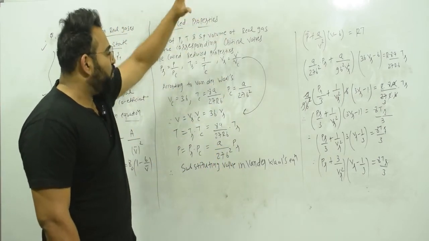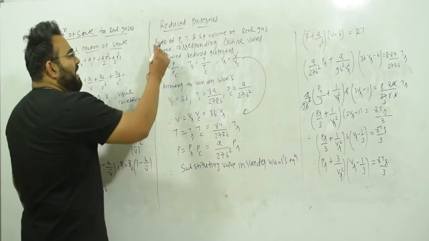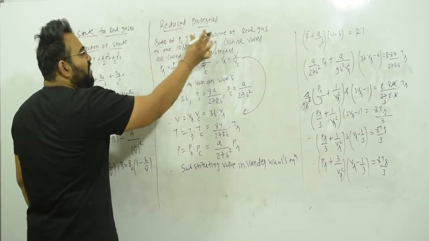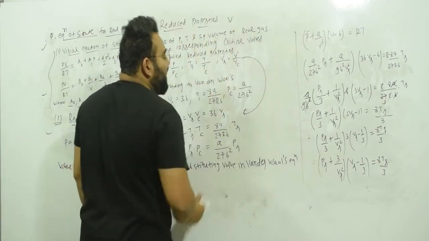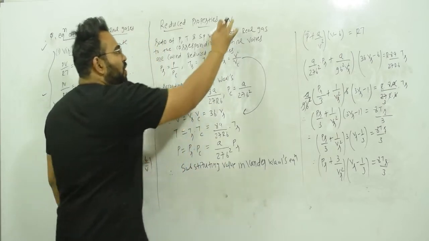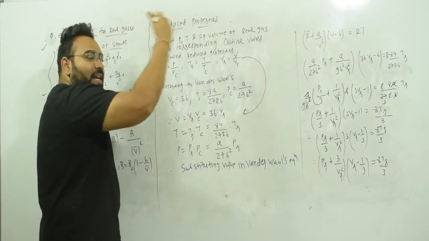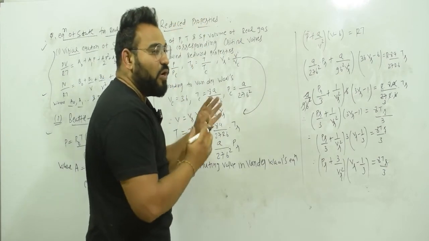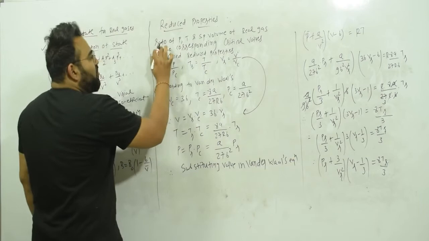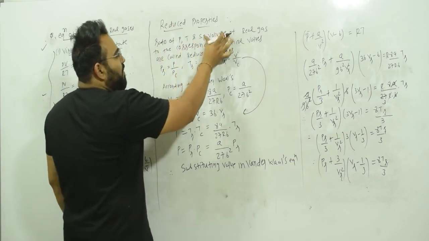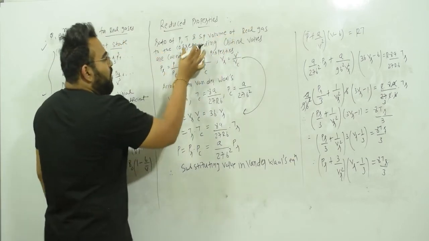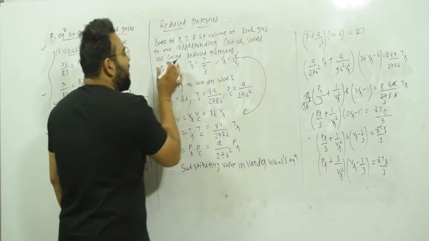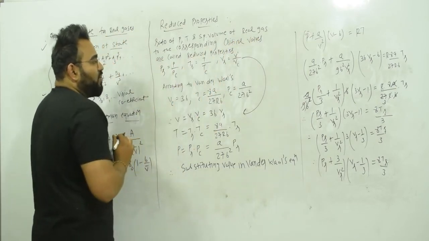So what is a reduced property? A reduced property is a ratio of pressure, temperature and specific volume. When I write V, it's not volume, it's specific volume. In this entire chapter, properties of gas and gas mixture, wherever I have written V, it is not volume, it is specific volume. So the ratios of pressure, temperature and specific volume of a real gas to the corresponding critical values are called reduced properties.